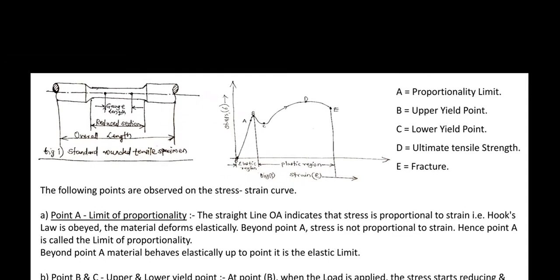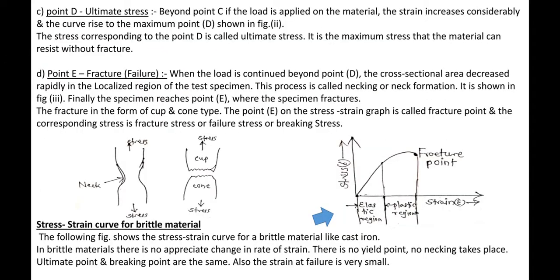So this was the idea about the stress strain diagram. Now you see here, when the material fails or breaks, it produces a cup and cone structure. This happens in the case of ductile material. Now the stress strain diagram for brittle material.